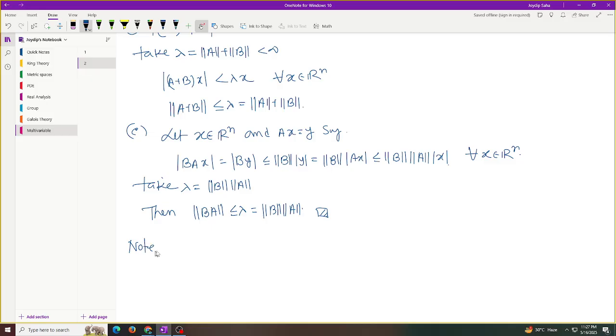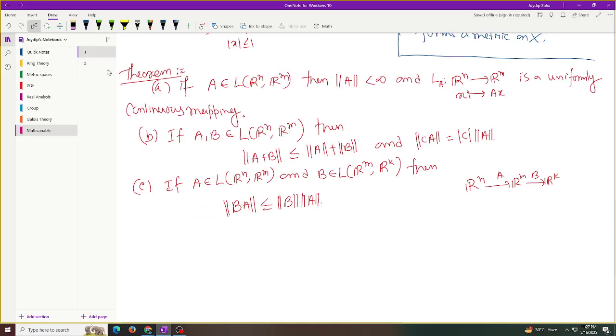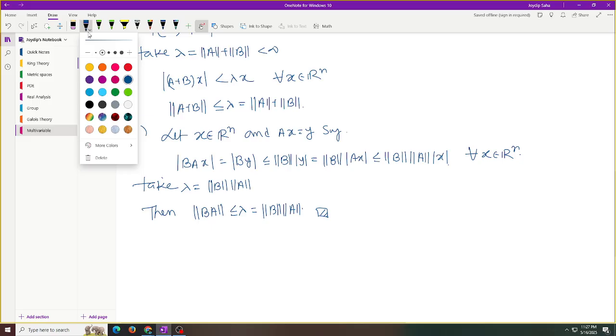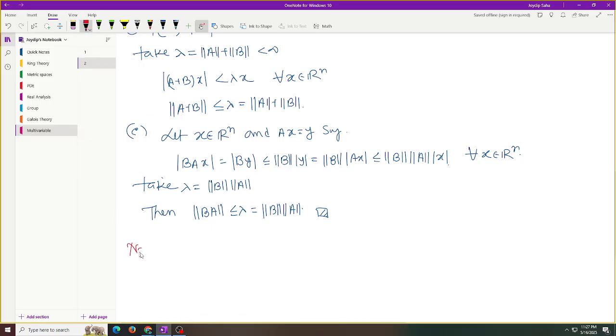Note that if I define the space of linear maps, it is a vector space of dimension mn over R. So the norm will define a metric.